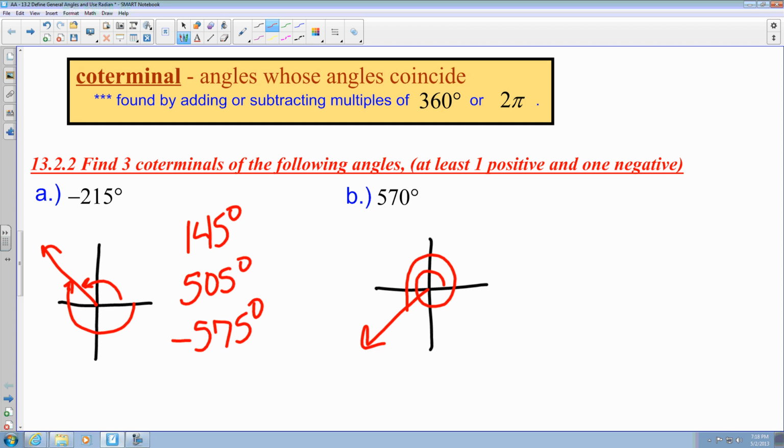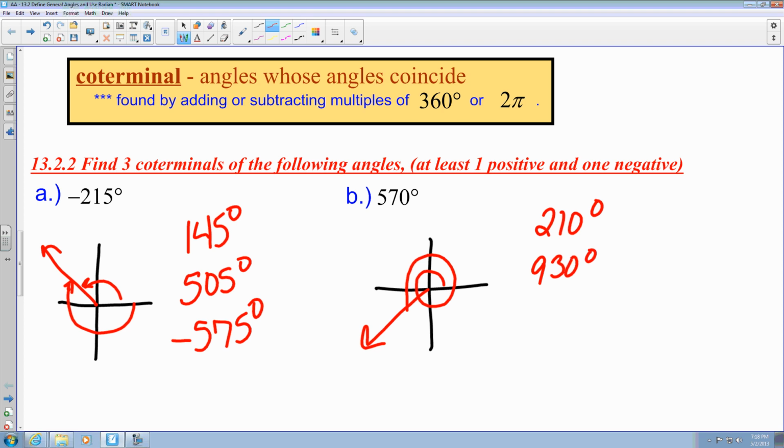Since I said it was going to be 210, I know that 210 is a coterminal angle, so I can write that as one of my values. If I wanted another positive one, I could just take 210 and add 360, so that gives me 570. But if I added another 360 to that, I would get a value of 930 degrees.